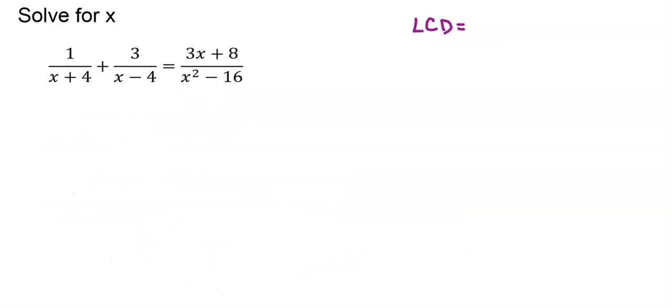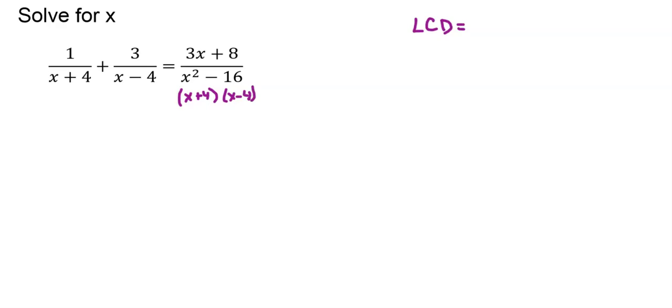If you look at these fractions and look at the denominators, you might notice that the denominator on the right side can be factored. If you notice that, you want to go ahead and factor all your denominators before you try to find the least common denominator. So x squared minus 16, I'm just going to write it below this, I know is x plus 4 times x minus 4.